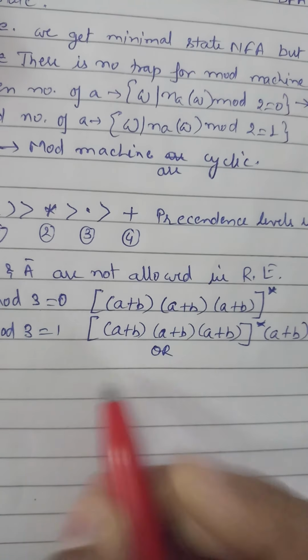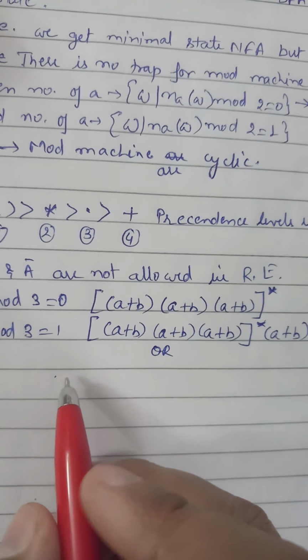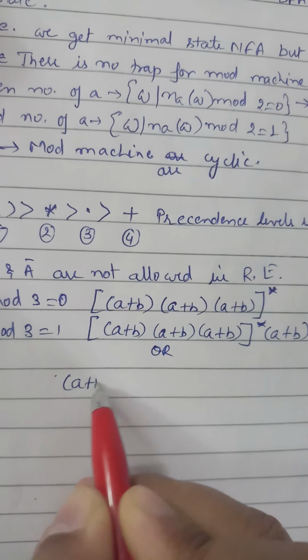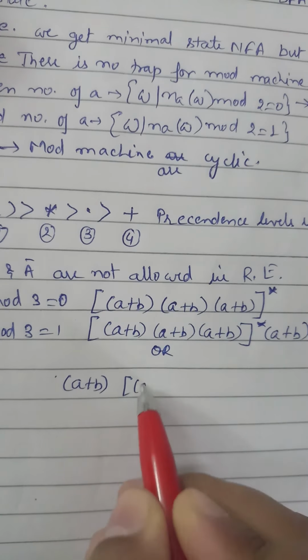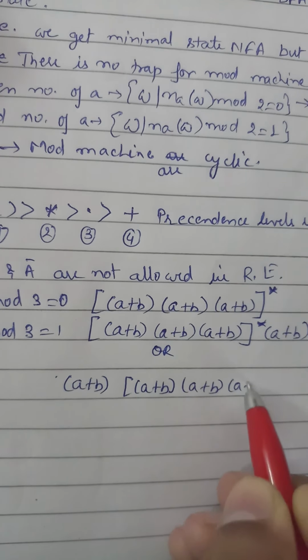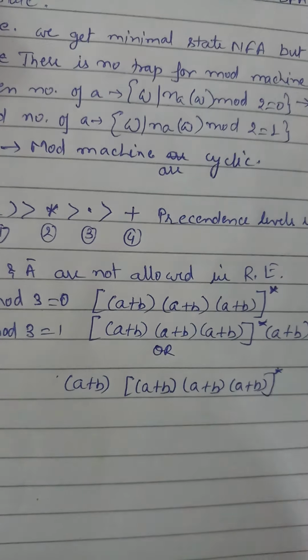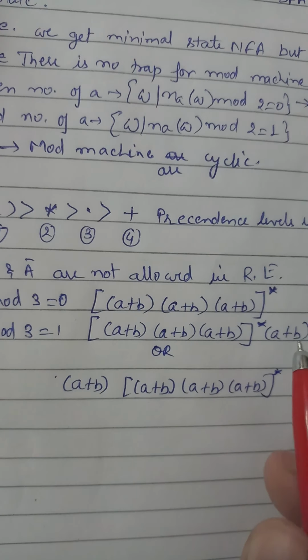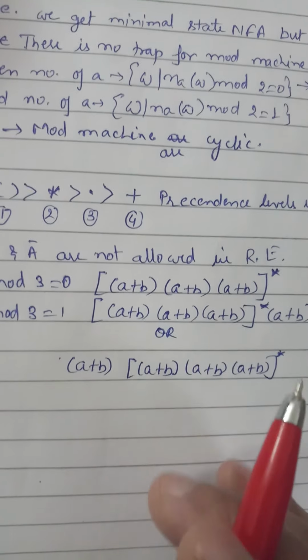Or we can write (A+B)(A+B)(A+B) whole star followed by (A+B). Either it can be at the end or at the start.